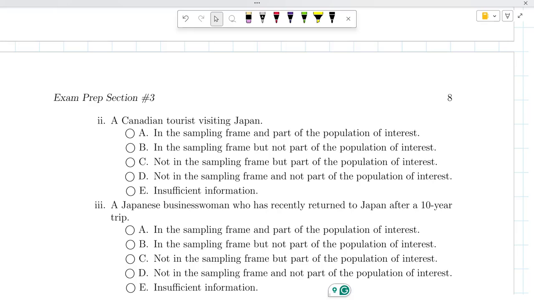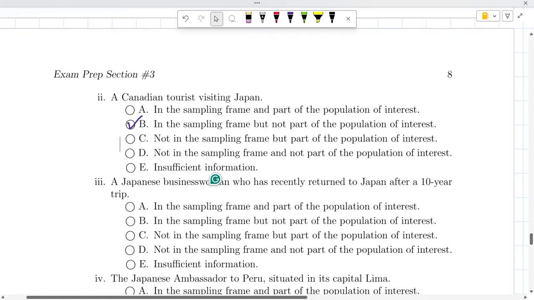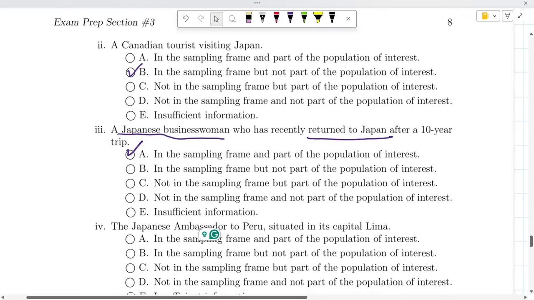So while the person is in the sampling frame, the person is not a part of the population of interest. Last but not least, a businesswoman who has recently returned to Japan after a 10-year trip. So this is a Japanese citizen who is currently in Japan. Therefore, both sampling frame and the population of interest.